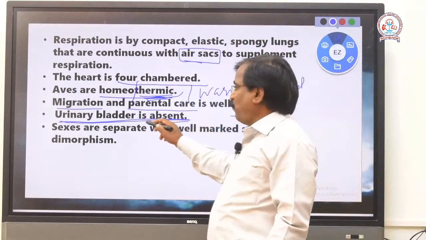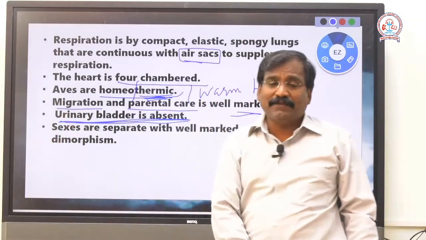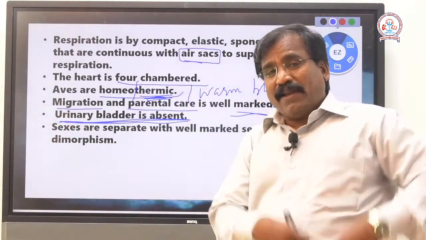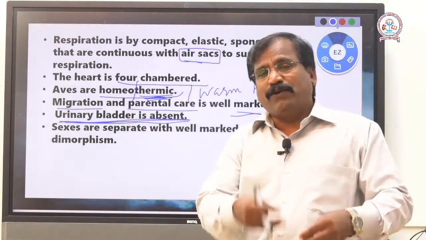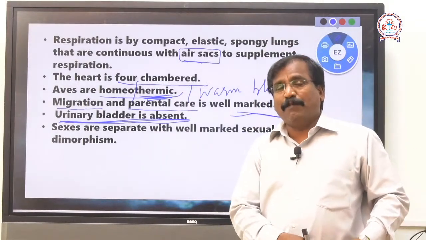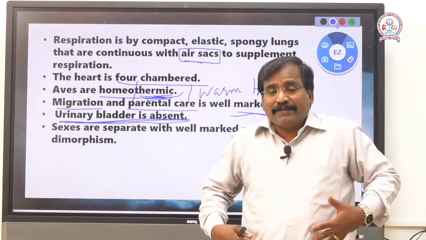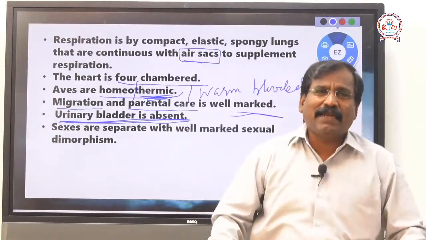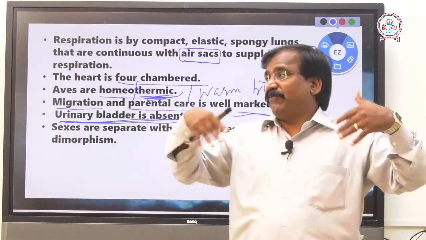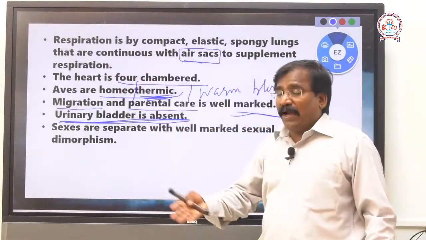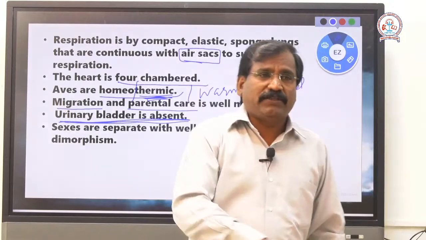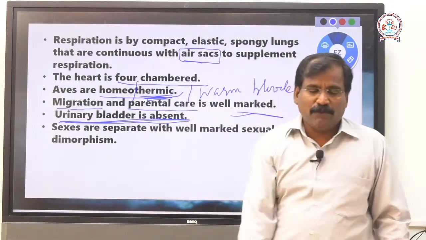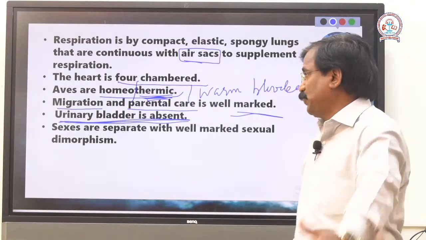If you write these, you will get full marks. Why is the urinary bladder absent? The bladder itself has weight, one or two grams, and the urine stored in it doubles the weight. Since it is in flying mode, it would carry unnecessary dead load, a waste of energy. So to decrease the body weight, the urinary bladder is absent. It's a flight adaptation.